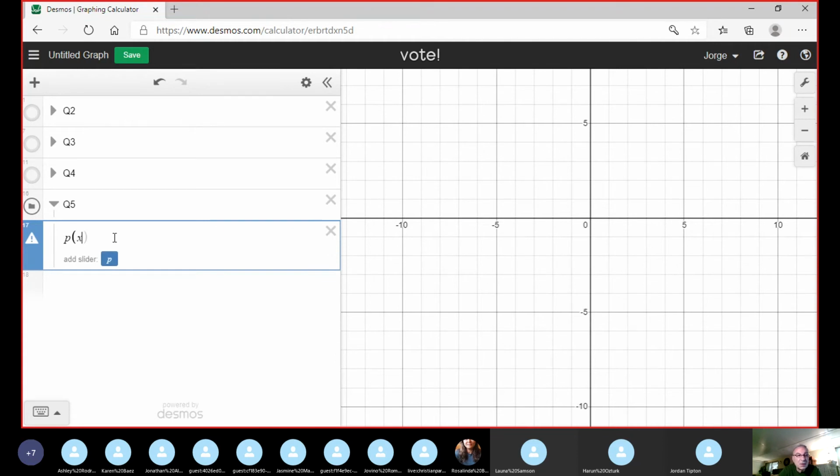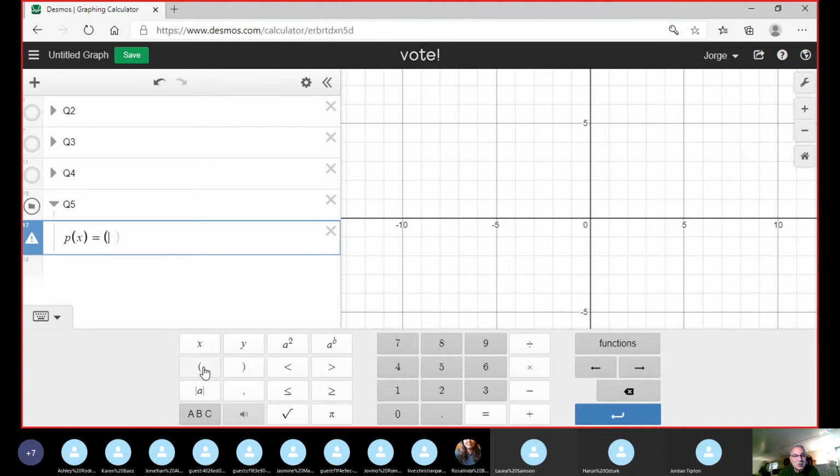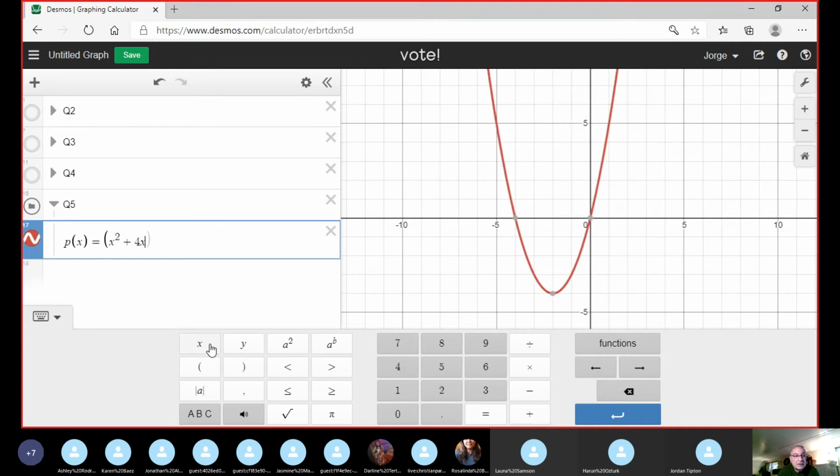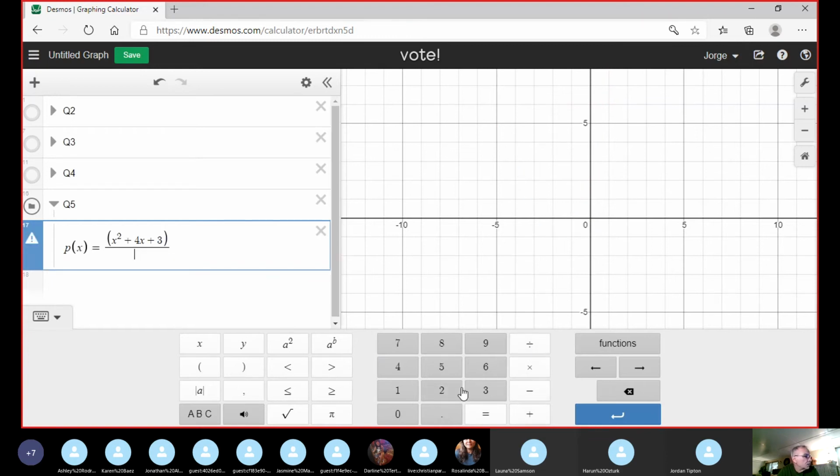Okay. P of x is the function, which is complicated because it has x squared on the top and bottom. Open parentheses. I like to open the parentheses to enclose everything in the top. x squared plus 4x plus 3, divided by something divided by 9 minus x squared.